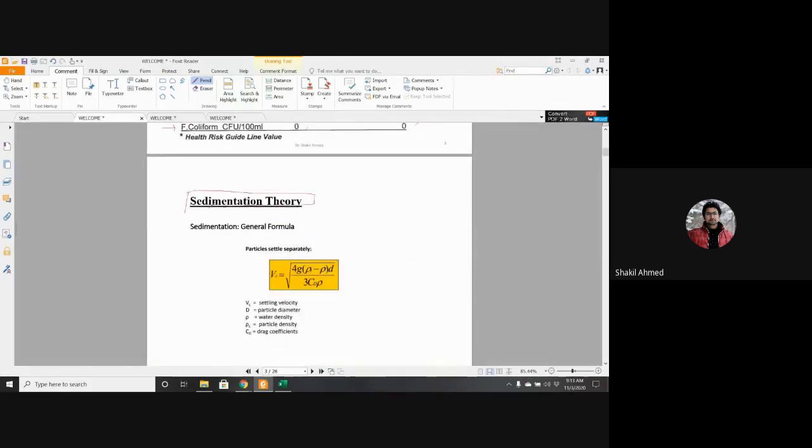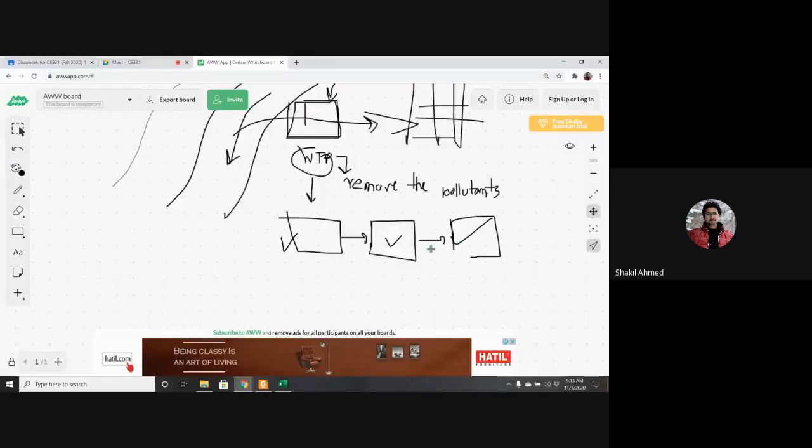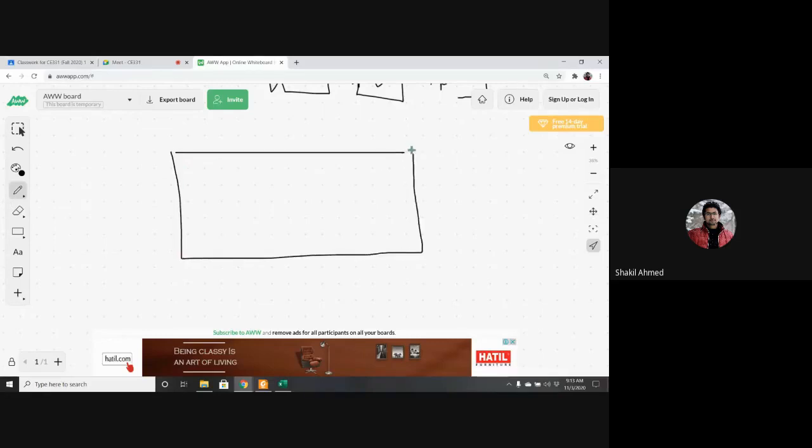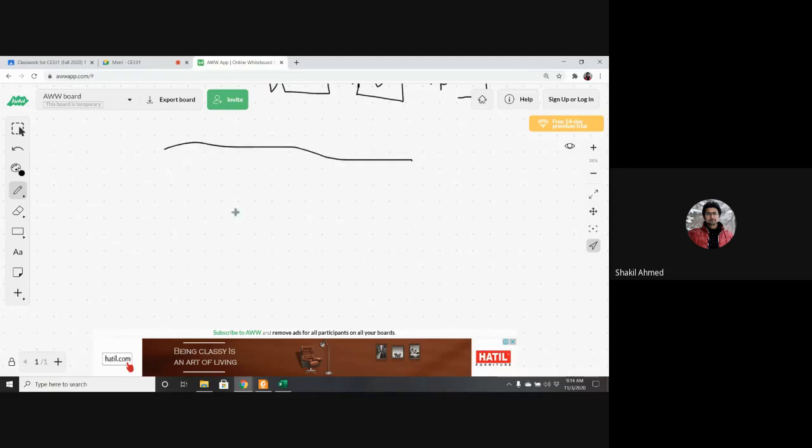What is sedimentation? If this is a river, for example, and you have a solid particle here.